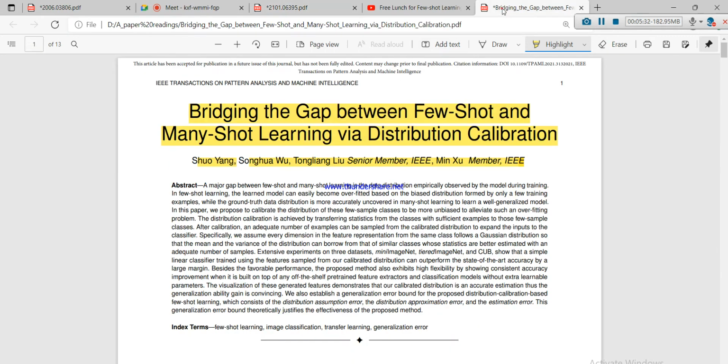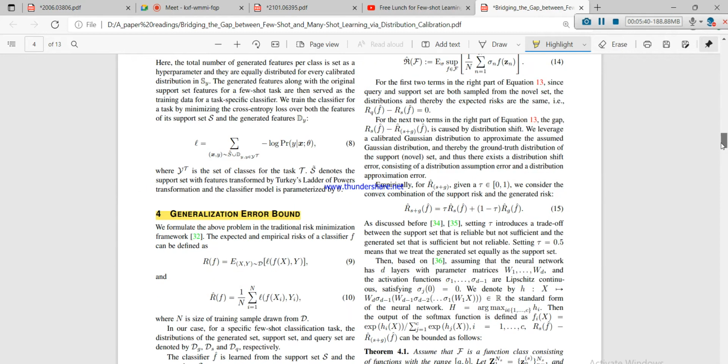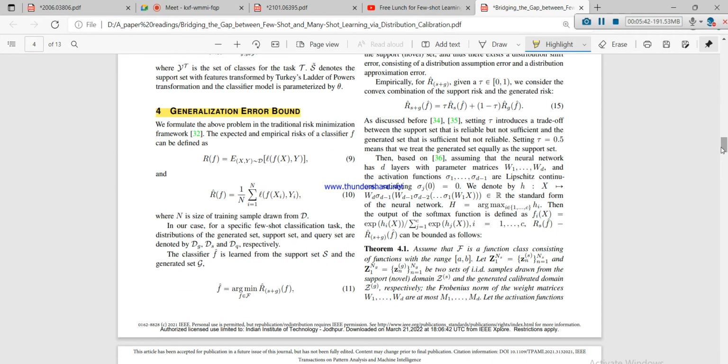So this is an extension of the previous paper, and the main concept that differs is the generalization error bound. Here they discuss the expected and empirical risk of a classifier, which can be defined as follows.